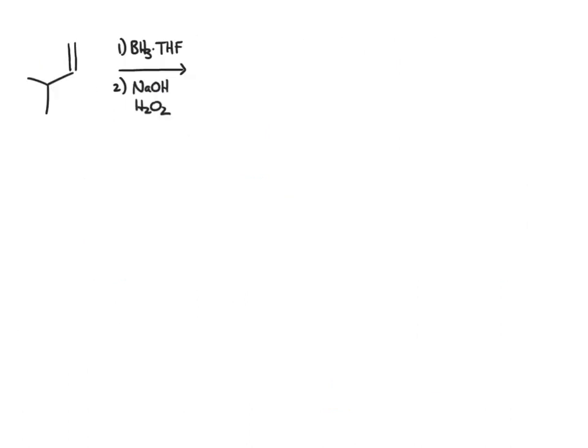Let's walk through an example hydroboration reaction, and we'll talk about the mechanism. So here we're starting with an alkene, and we're adding the BH3 THF to do the hydroboration, sodium hydroxide, hydrogen peroxide to do the oxidation step. This is a 2-step process, meaning we basically do step 1 and let the reaction stir.